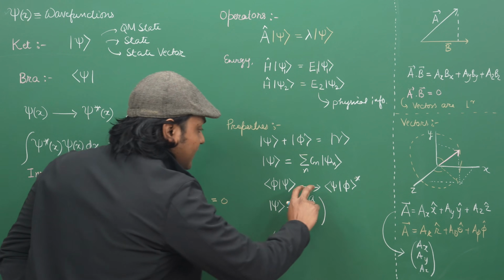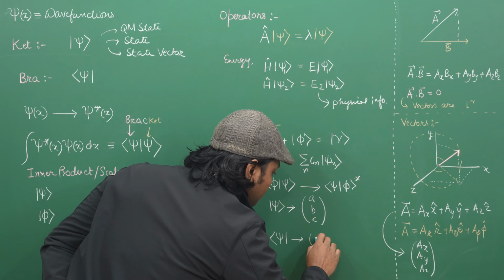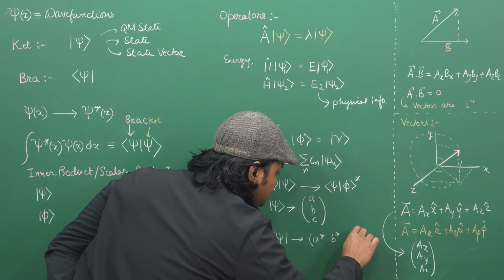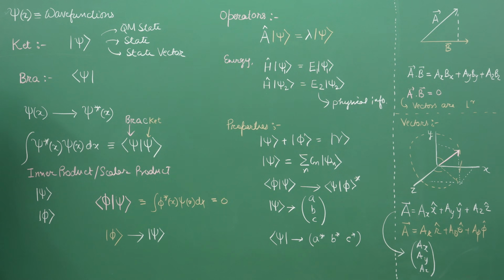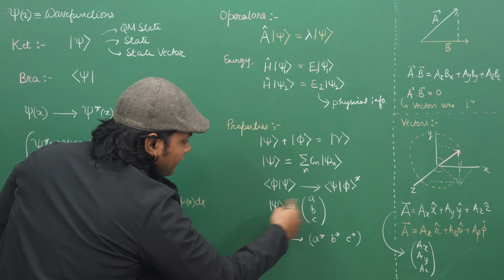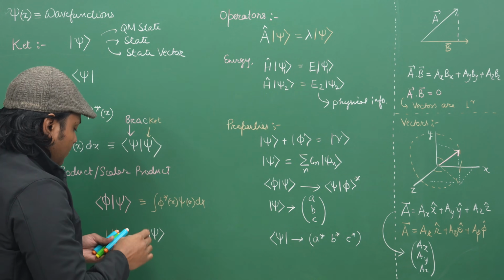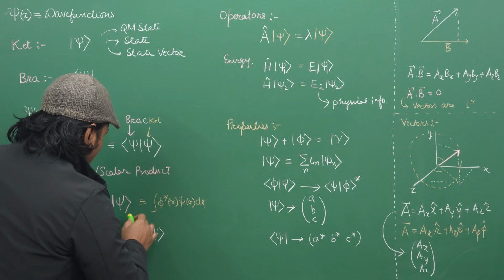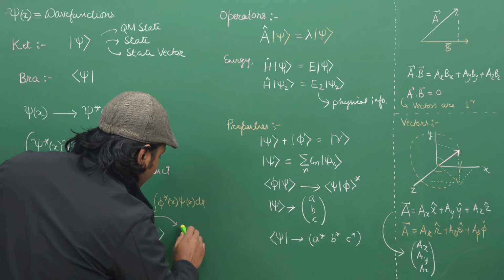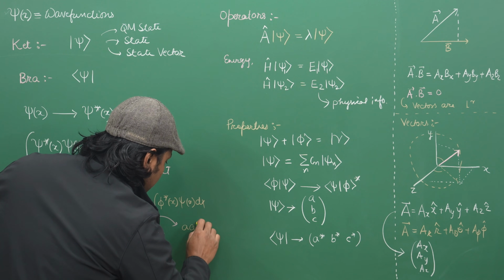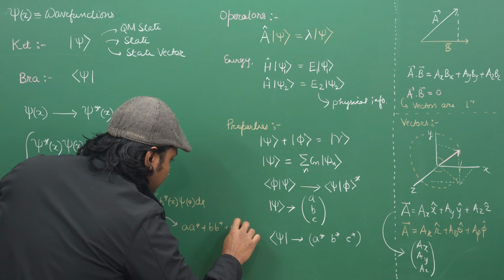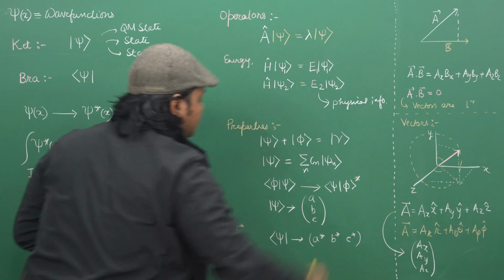So here we would get a row vector with the components being the complex conjugates of A, B, and C. So in this kind of representation of Kets and bras as column and row vectors, the inner product quite simply ends up becoming A star A plus B star B plus C star C, just like a dot product.